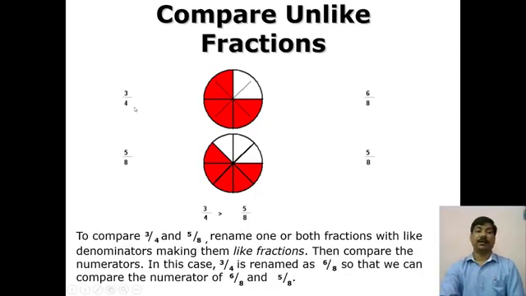First we rename, or we can say we have to convert these fractions into equivalent fractions. That's why both fractions become like fractions. So how do we make the denominators common?